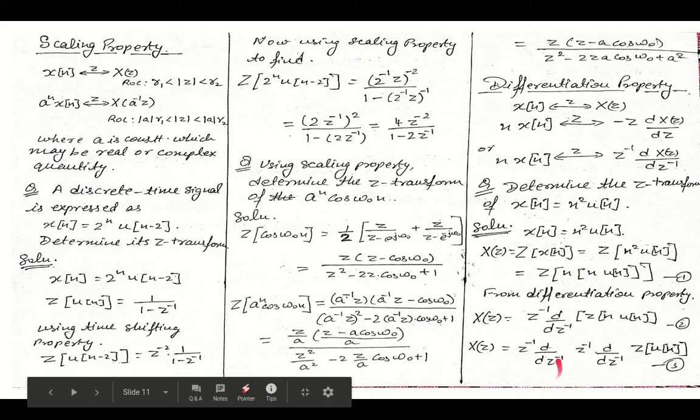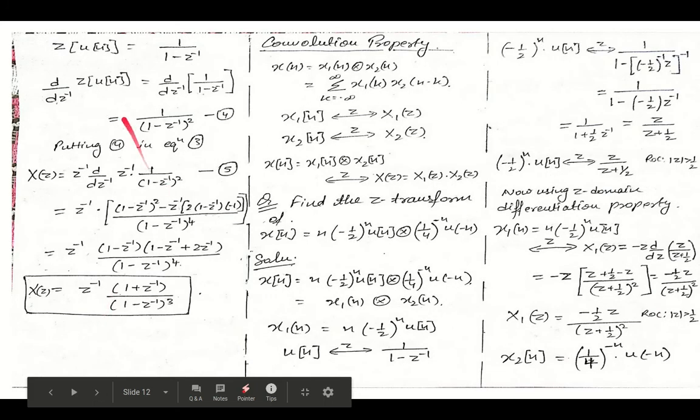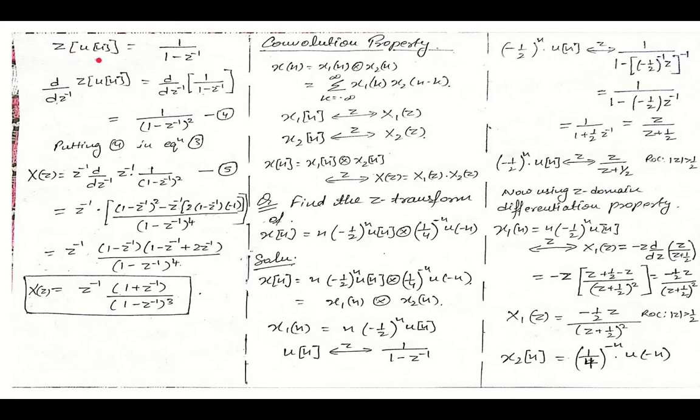So we have twice utilized this differentiation property. Firstly we have to find the z transform of un. The z transform of un in terms of z inverse is 1 upon 1 minus z inverse. So d upon dz inverse of z transform of un will give me this value, 1 upon 1 minus z inverse whole square.